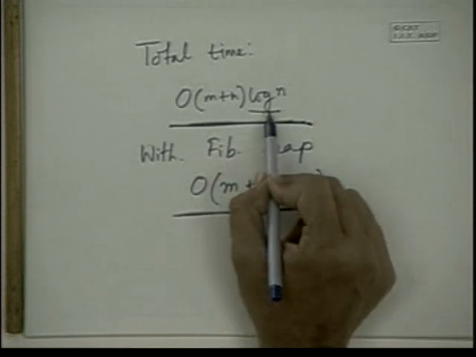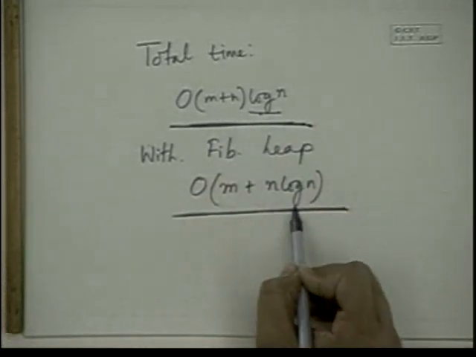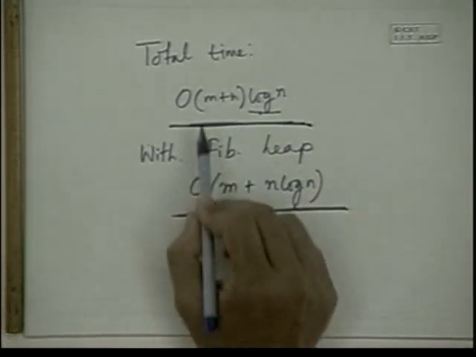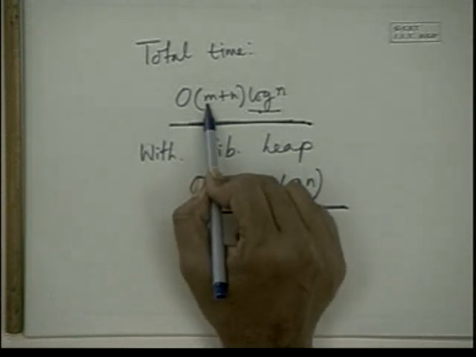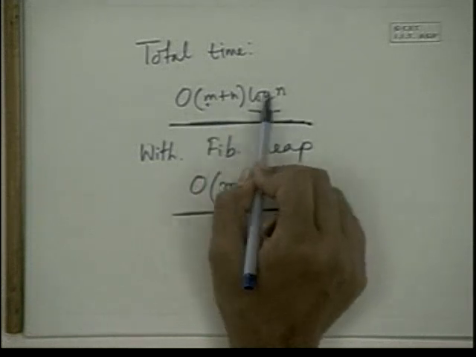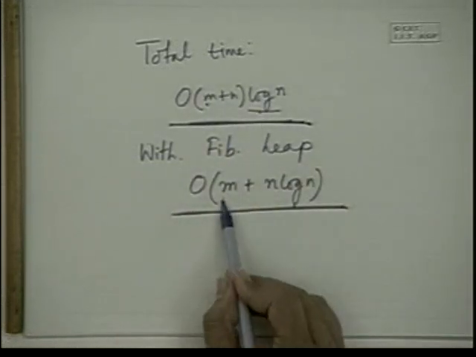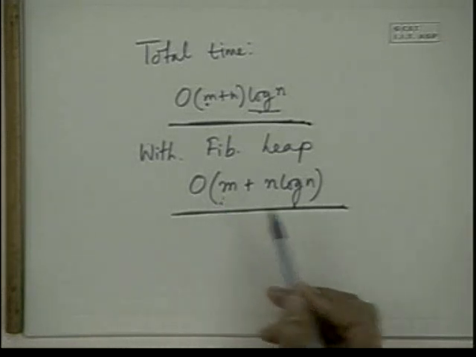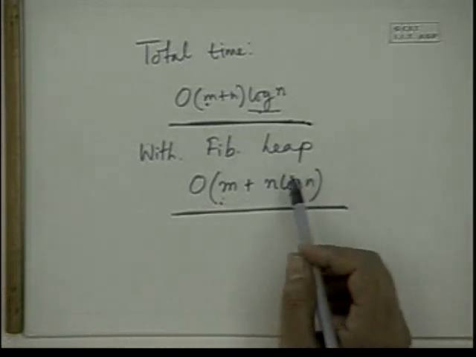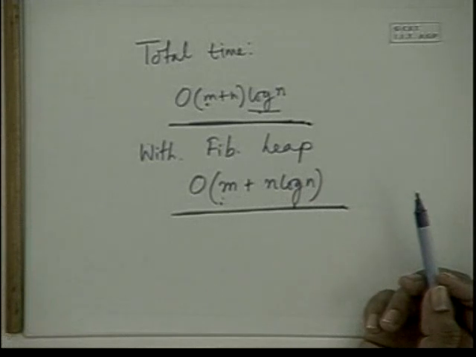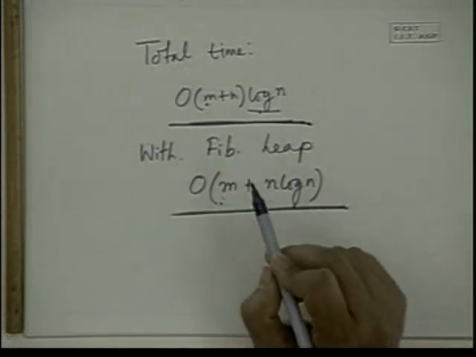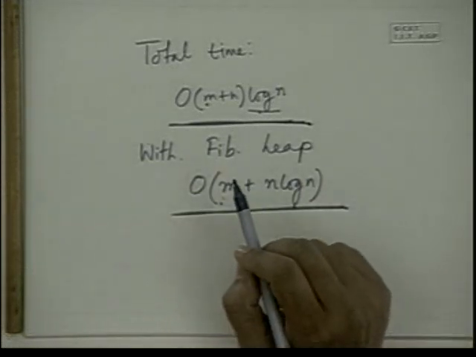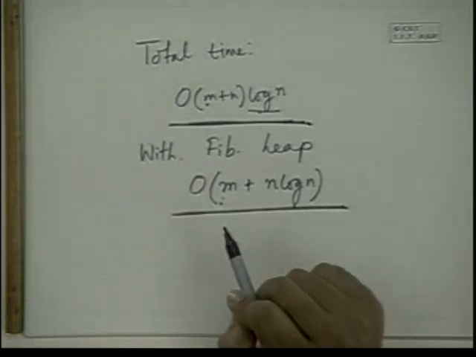Why is this complexity better? Because of the log n factor. Here there is a log n factor with m, and m in the worst case can be n square. Then the worst case becomes n square log n, but now it remains n square. We didn't change anything, we just used a better data structure. Now you should appreciate the power of amortized complexity.